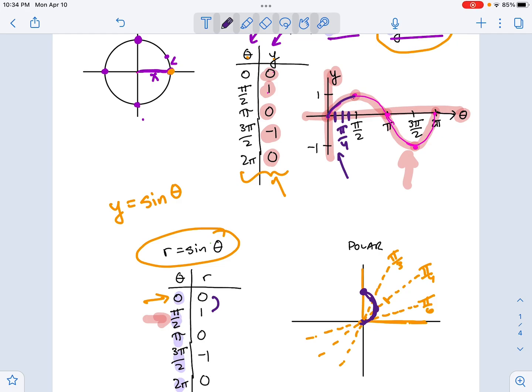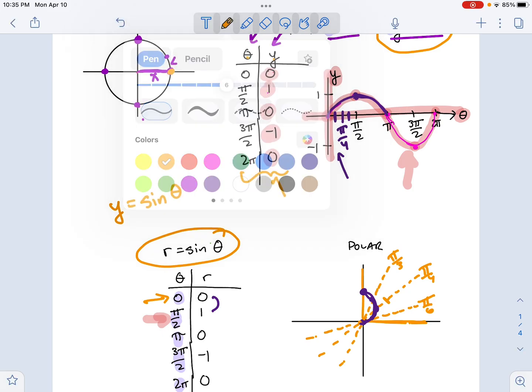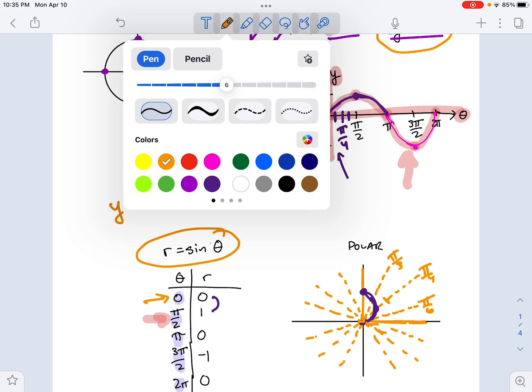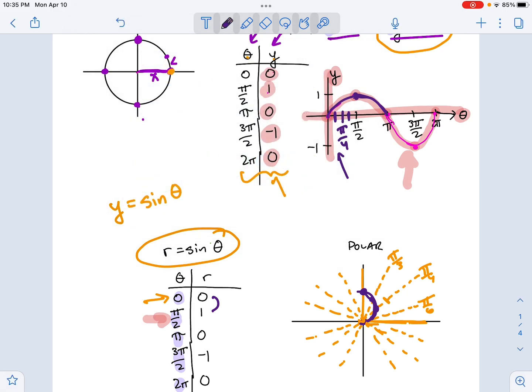Now, as you go from pi over 2 down to pi, you can see that you're going from 1 down to 0. We could do a similar thing with 2 pi over 3, 3 pi over 4, 5 pi over 6, and those are going to be symmetric to this side.